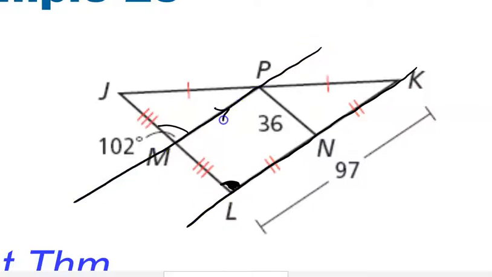So those can be my parallel lines, which would probably make this my transversal because it's passing through, and see how those are kind of boxed in. So that's what you're looking for when you're doing these type of things. Now what type of angles are those? They're corresponding angles, and corresponding angles are congruent. So this is also 102 degrees.